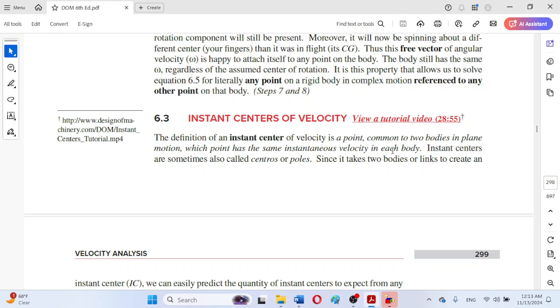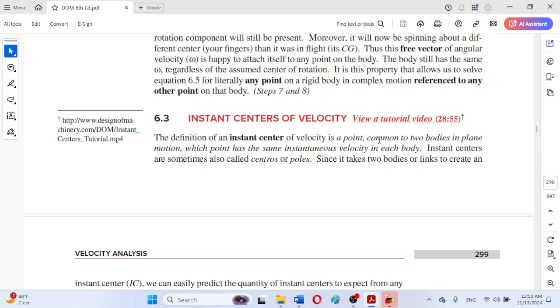That means the instant center may not be physically located on those bodies. It can be anywhere in the plane in which both bodies are located.